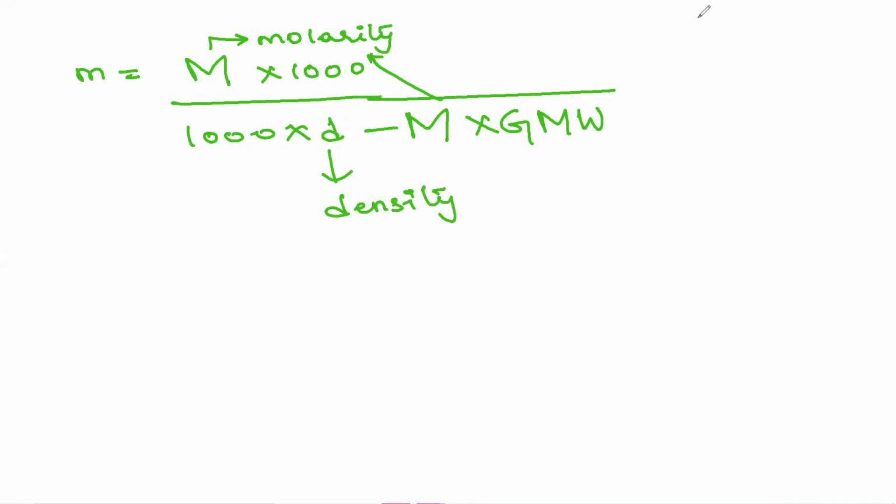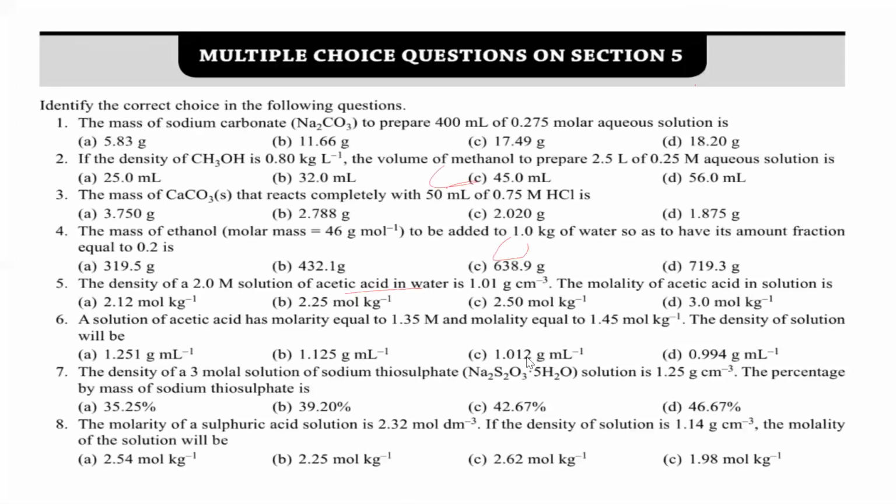Now you can apply this formula. If you see the previous question, we can do it like this. So once again I'm going back to the previous question. Here they have given the molarity of sulfuric acid as 2.32 moles per liter, and the density is given. They're asking the molality of the solution. So straight away we can find it using the formula. Capital M is given as 2.32, density is given as 1.14, and now they're asking for the molality of the solution.